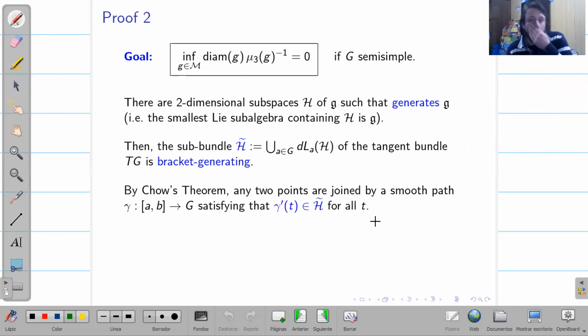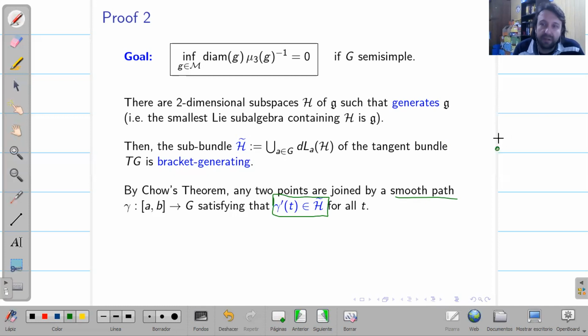Okay, and a fundamental theorem in sub-Riemannian geometry is Chow's theorem that says that any 2 points in the manifold G, capital G, can be joined by smooth paths such that the velocity vector is always in this subbundle.